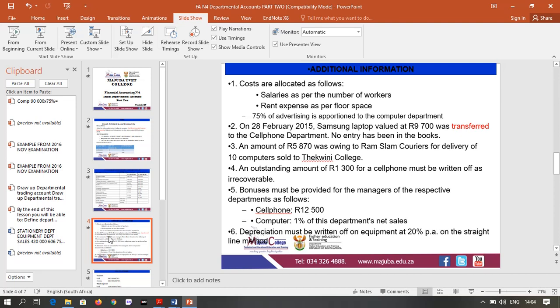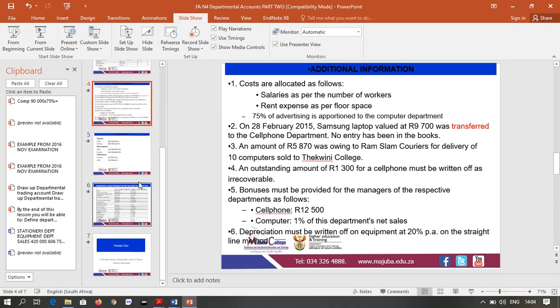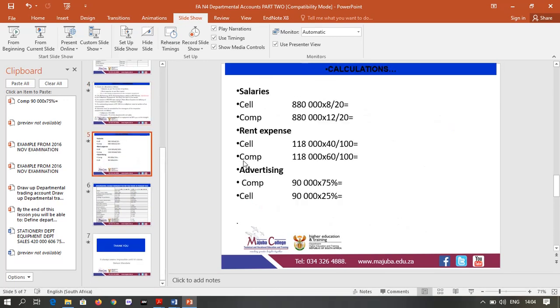They are saying salaries are paid per number of workers per department, rent expenses as per floor space, and 75% of advertising was apportioned to the computer department. I did this calculation already for you, because you're going to need it.